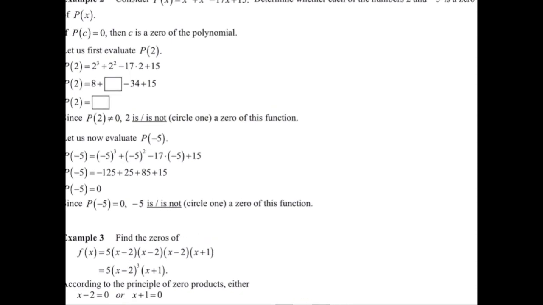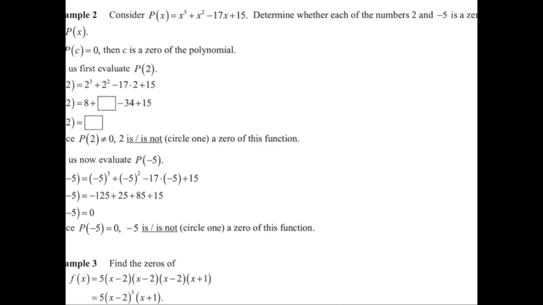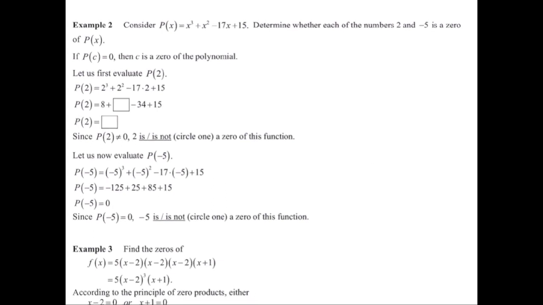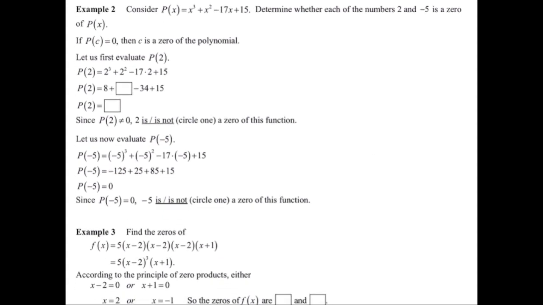Our next example is to determine whether each of the numbers 2 and -5 is a zero of our polynomial function. Remember that a zero is when we cross the x-axis. So let's say we have a polynomial here, and just kind of draw a nice little sketch of what one might look like. Where it's crossing the x-axis at these values would be a number for our x value, but notice our y value is 0.